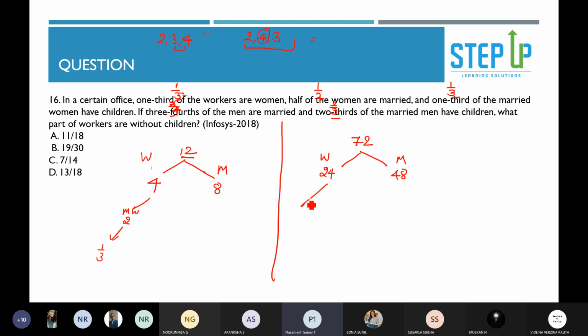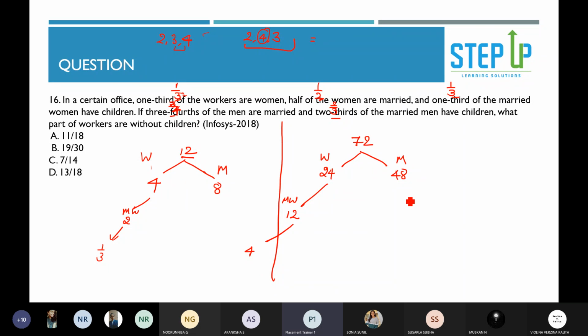Half of these, it means 12. 12 are married women. And 1/3 of the married women have children. 1/3 of 12 is what? 4. Are you getting my point or not? I'll come to why I took 72 here. Don't worry.